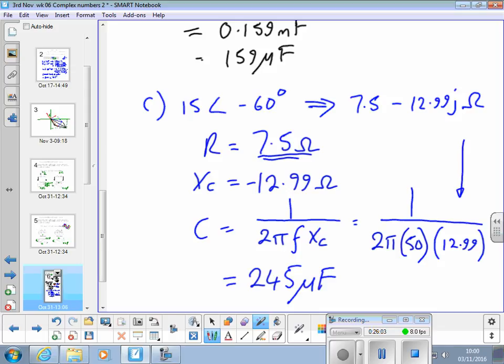Once you move into science, you'll have to be a little bit more careful than that, because you can have a circuit that's got both an inductor and a capacitor in it, and overall the impedance could be either negative reactance or positive reactance, depending on which component has the biggest influence on the circuit. More about that in semester 2. But for this, you're not going to be given that kind of question.